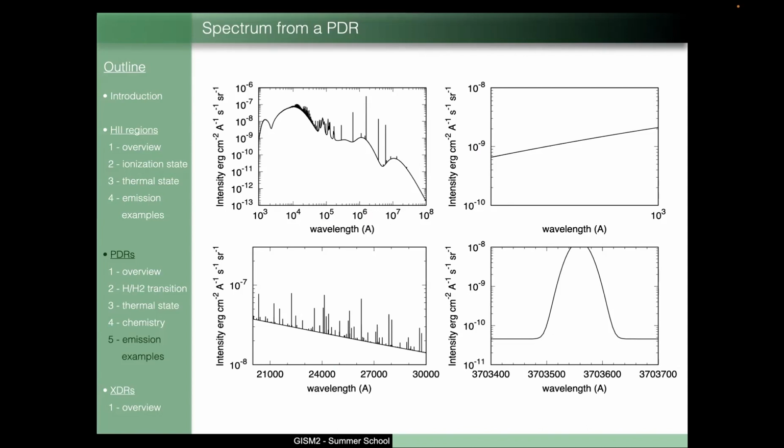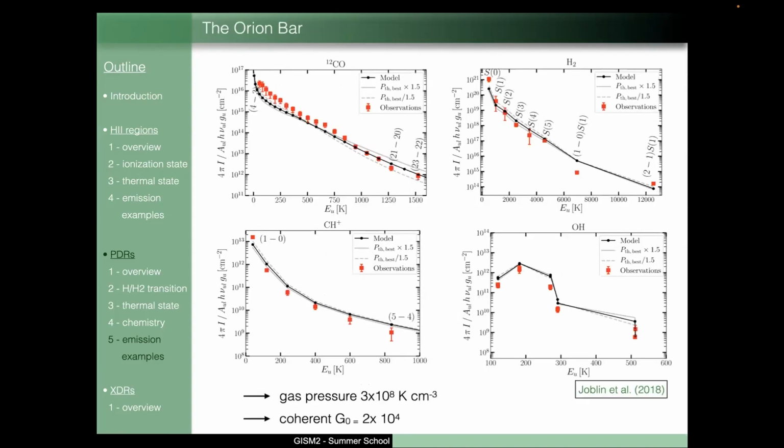Here you will have the PAH emission, here the dust emission, some lines which correspond to the vibrational lines of H2 and some other molecules and atoms in this region. Other lines at higher wavelength correspond in fact to fine structure lines. So for instance, here is the fine structure line of C I. And well, I think I won't have time to talk about some examples, maybe one example, and I will stop there.